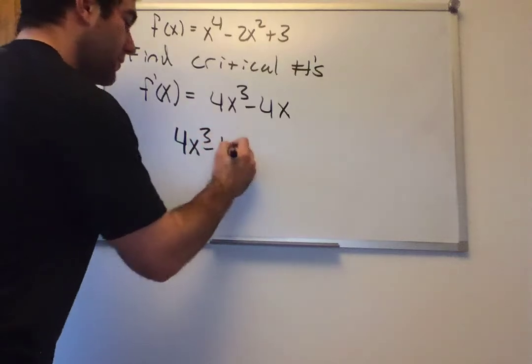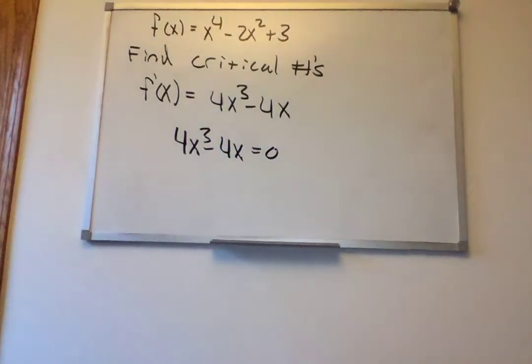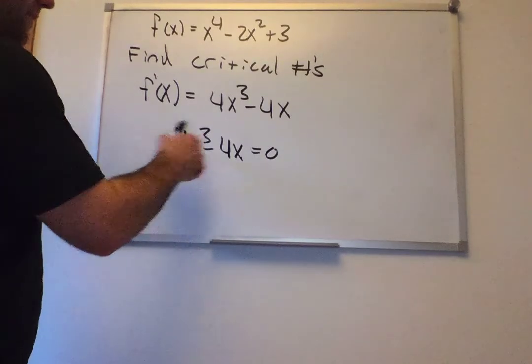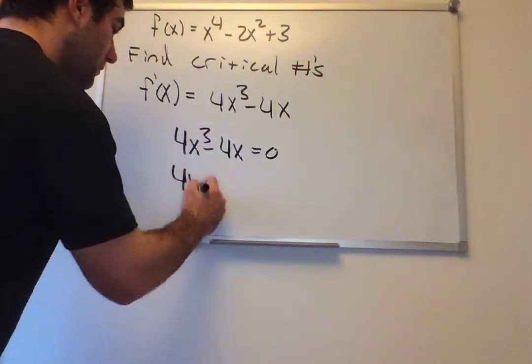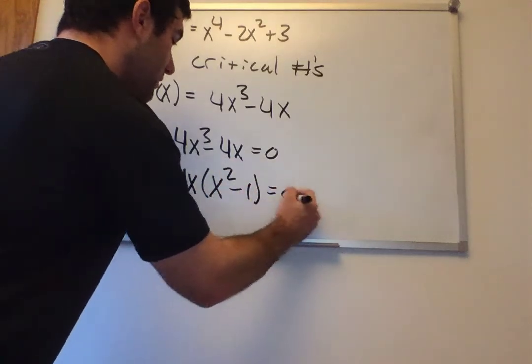4x cubed minus 4x equals 0. That's just the procedure to find the critical numbers. We went through that in 4.1. Okay, so I can factor out a 4x. I get x squared minus 1 equals 0.